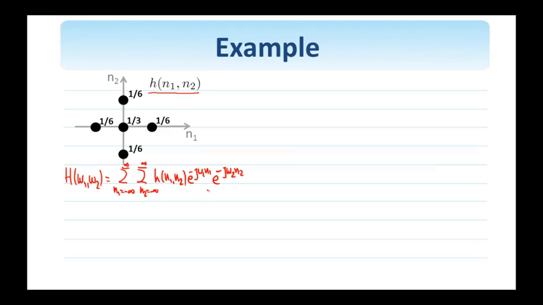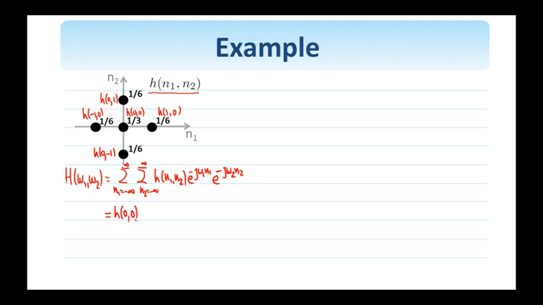Now for the given impulse response, we see that we have only 5 samples. So we have the h of minus 1, 0 sample, h of 0, 0, h of 1, 0, h of 0, minus 1, and h of 0, 1. So out of this infinite sum, I only have these 5 terms.